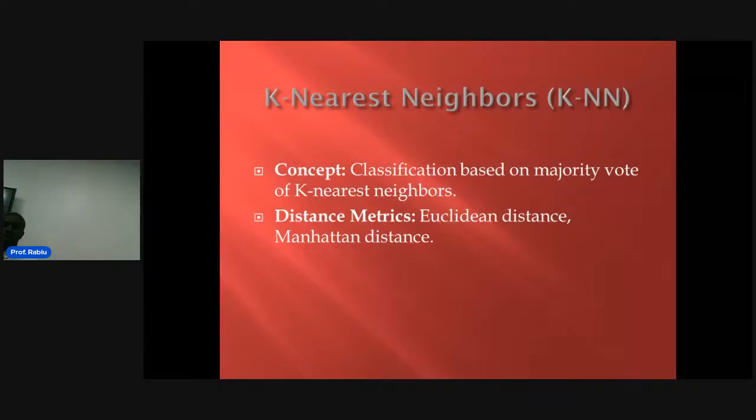K nearest neighbor. This is classification based on the majority vote of the K nearest neighbors, and a distance matrix, which is then the Manhattan distance. It's all kinds of functionality we can use for our machine learning based on supervised learning algorithms. We are not talking too much on the mathematics, right?